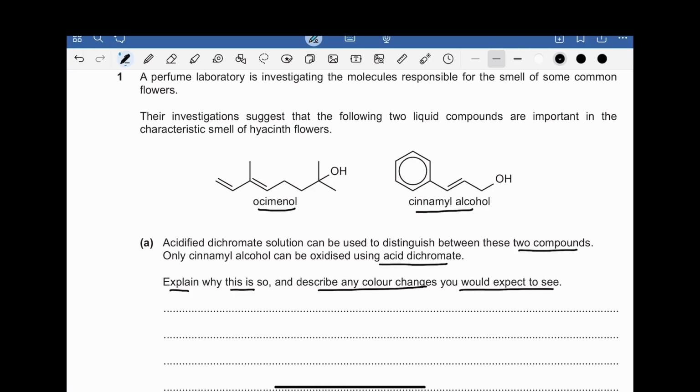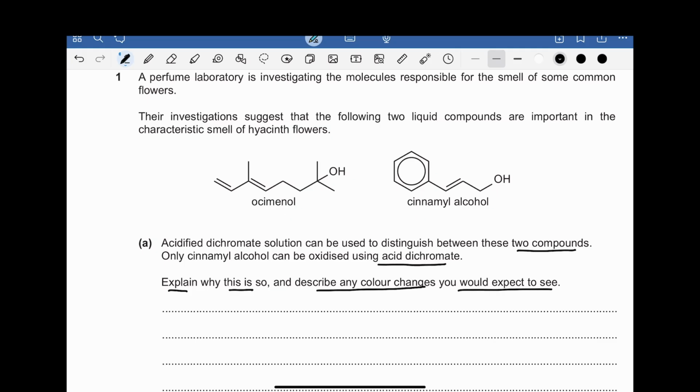So let's look at what type of alcohol we have been given. We have a hydroxy group in both of them. Cinnamol is a tertiary alcohol.